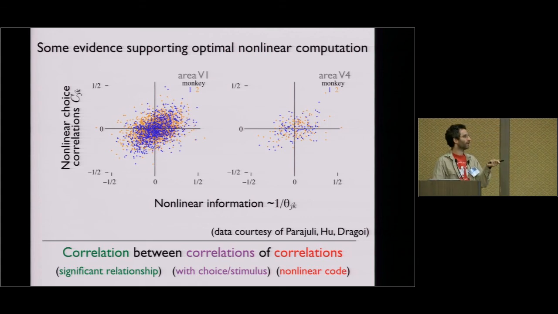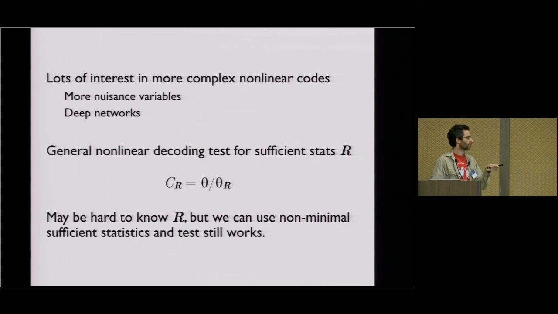We're going to test it better with a stimulus that's designed more to look at these nuisance variables and product codes and more nonlinear codes. And then we can generalize it too. There's lots of interest in more complex codes that's not just quadratic, more nuisance variables, maybe something deep, something recurrent even.